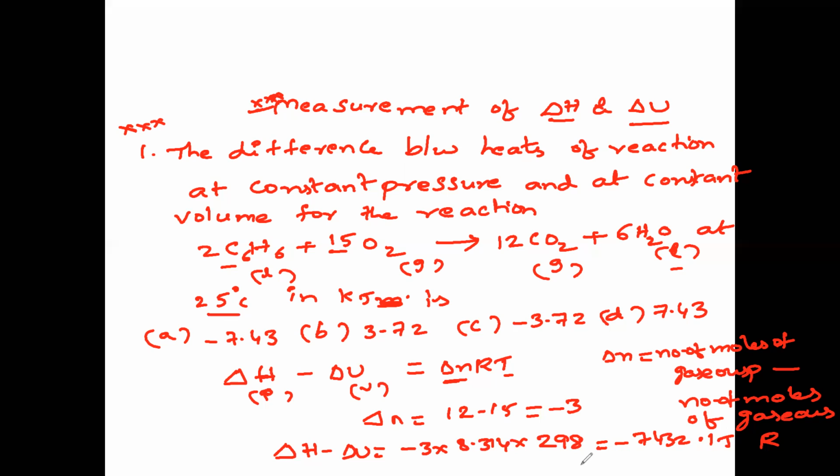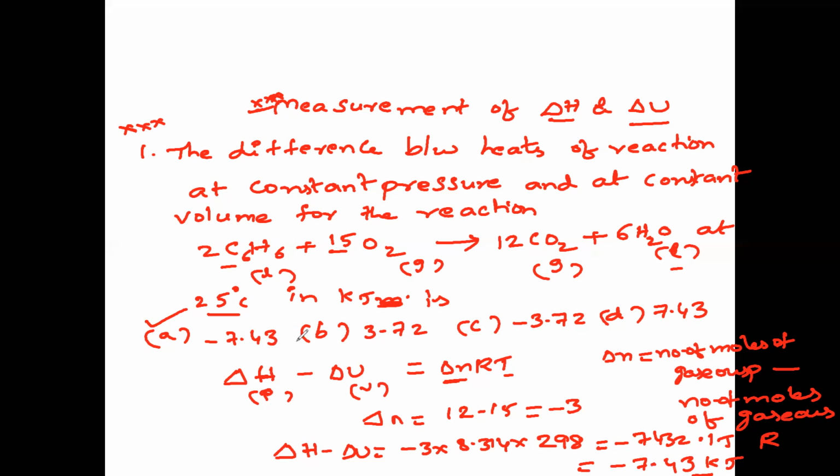We have to convert this into kilojoules, so it is minus 7.432, approximately 7.43 kilojoules, because 7432 divided by 1000. So the answer is the first option, minus 7.43.